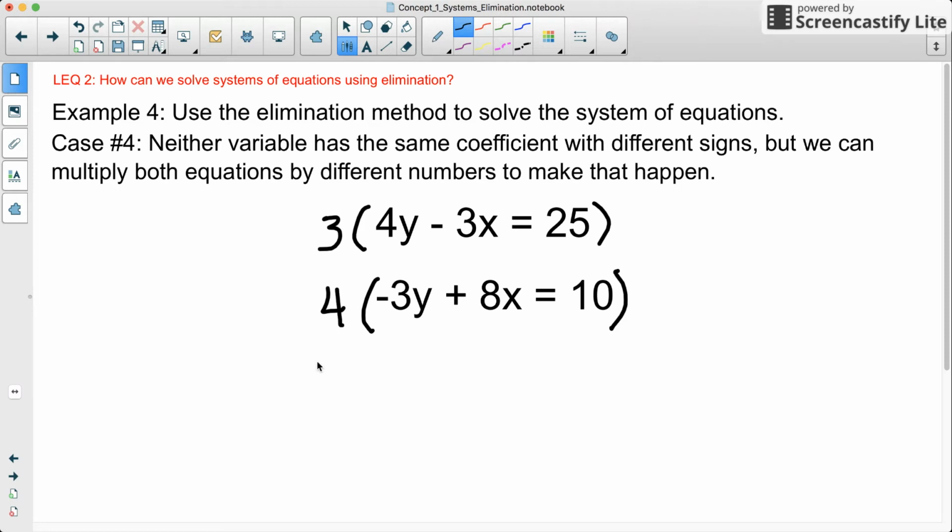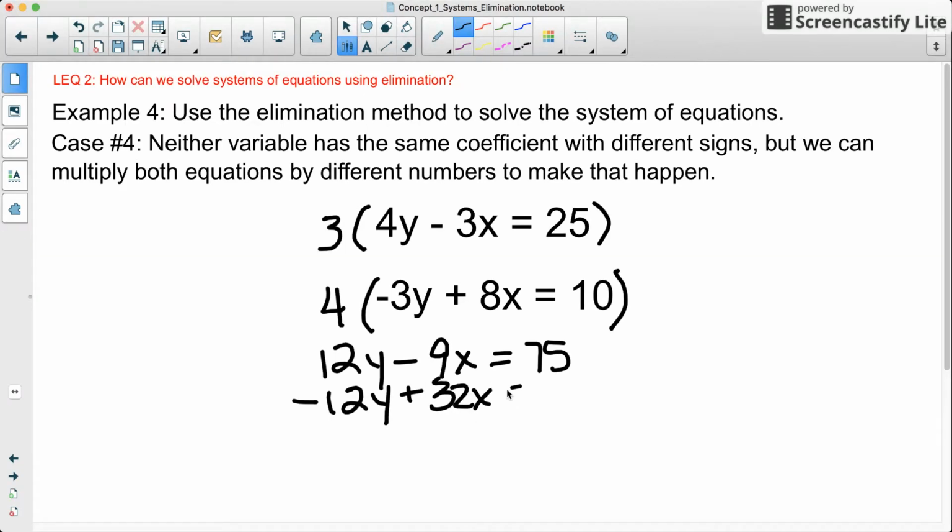When I multiply the top all the way across, distributing that 3, I end up with 12y minus 9x equals 75. When I distribute the 4 on the bottom, I end up with negative 12y plus 32x equals 40. So now I'm going to combine these together.